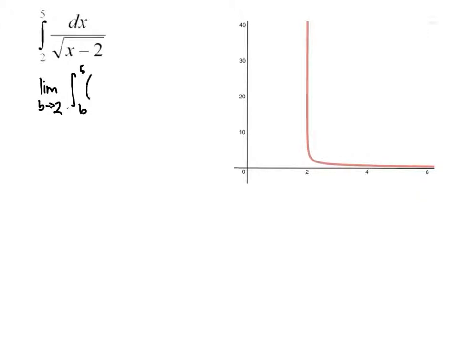I'm going to write this as x minus 2 to the negative 1/2. So the antiderivative would raise the power, so it would be the positive 1/2 divided by the power, so 2. We're going to evaluate this at 5 and b, and we're taking the limit as b approaches 2.